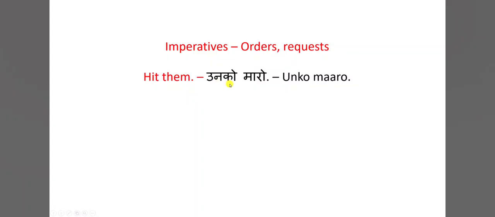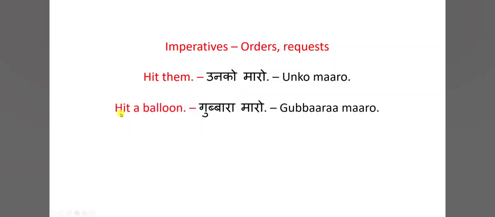Unko meaning them. Why unko? Because them refers to humans. Whenever we have humans as the object of a sentence, we need to add ko. Okay? Hit a balloon. You hit a balloon is the sentence. You is the subject, hit is the verb, balloon is the object.